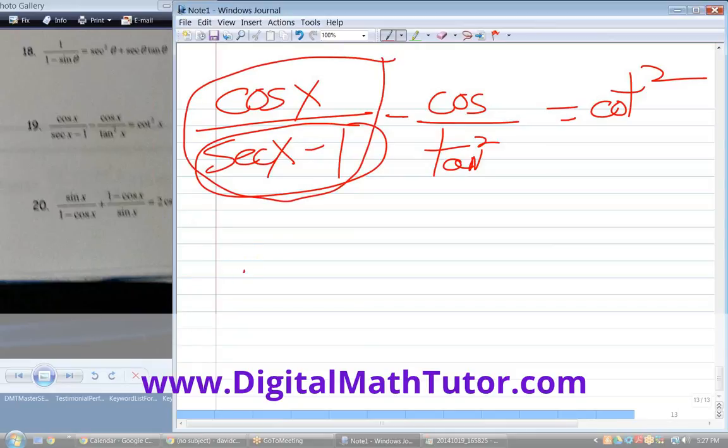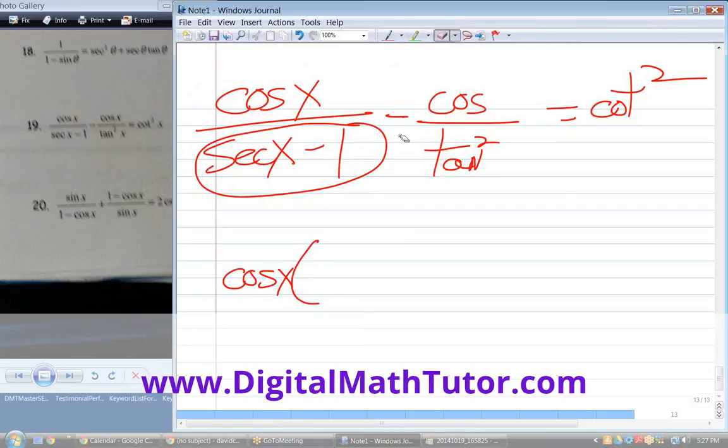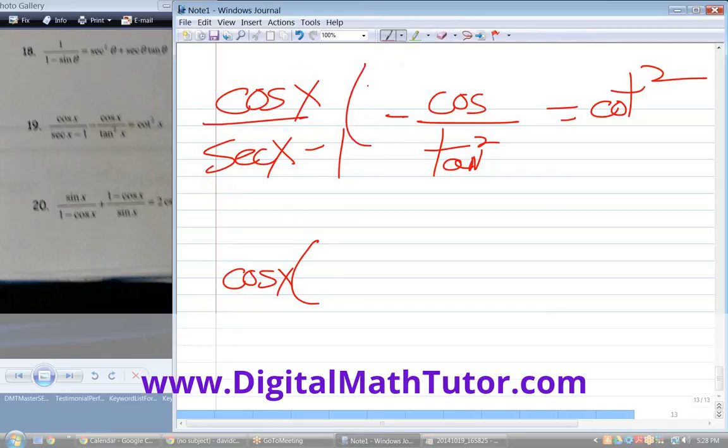Secant squared x minus 1, and then the numerator will be cosine. Hold on. Remember, I'm multiplying this left side by the conjugate, which means secant plus 1 over secant plus 1. I can only multiply something by the number 1.